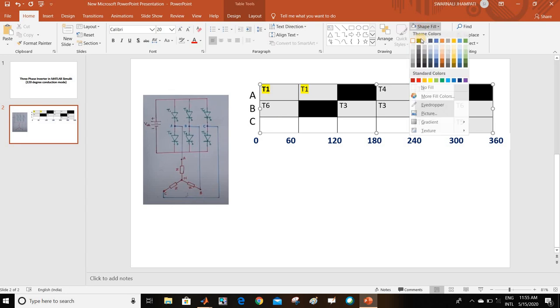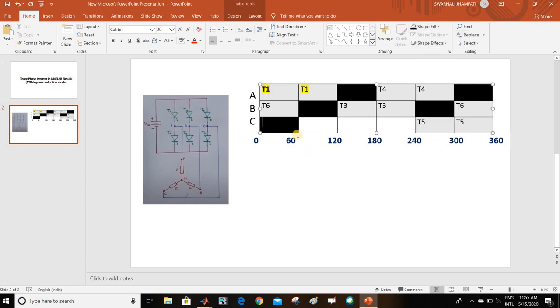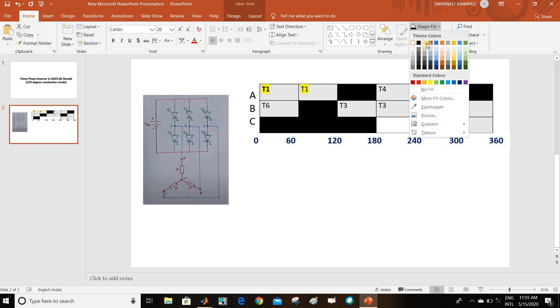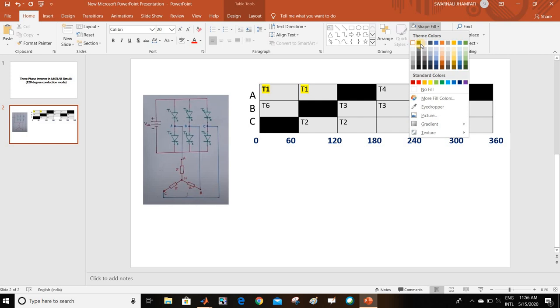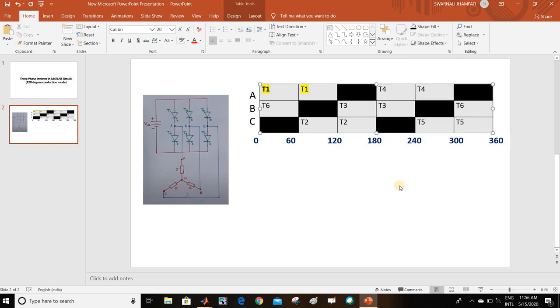Then we have a 60 degree delay with no activity. Then for the next 120 degrees T2 will be under operation, and again for this 60 degrees there will be no activity. So this is the operating or control mode for the switches.